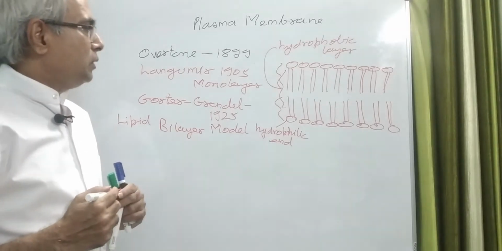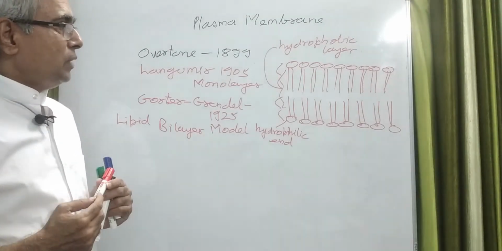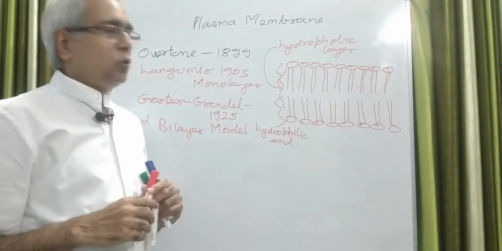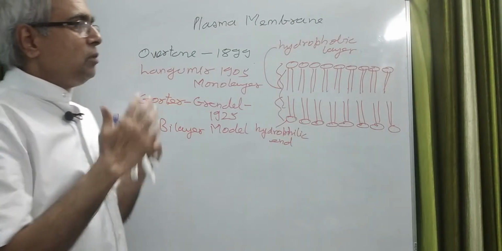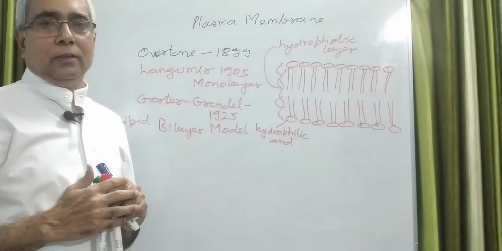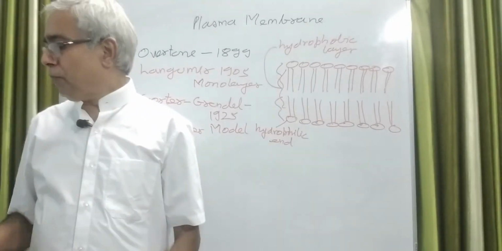And soon the scientists realized that this is not made up of two complete layers of phospholipid molecules, but in fact protein molecules are also present with the phospholipid bilayer.